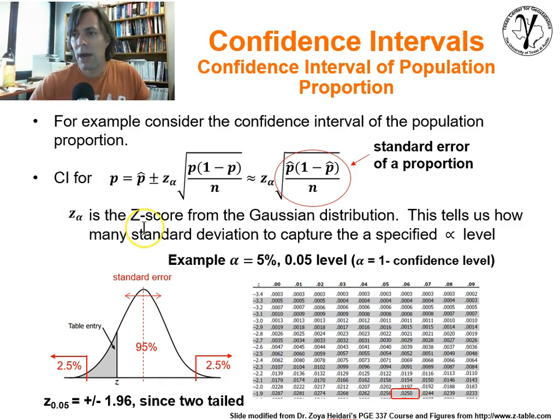So let's go back and remind ourselves of the previous example and the form for calculating the confidence interval in a population proportion. Once again, the confidence interval in the population proportion will be equal to the estimate of the population proportion, plus or minus the z-score multiplied by the standard error. We know how to look up the z-score from the table, and we've already explained the concept of a two-tailed test.